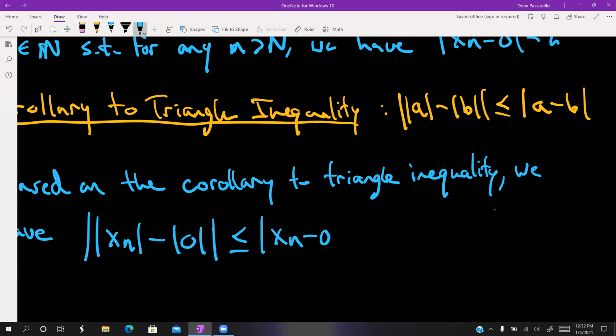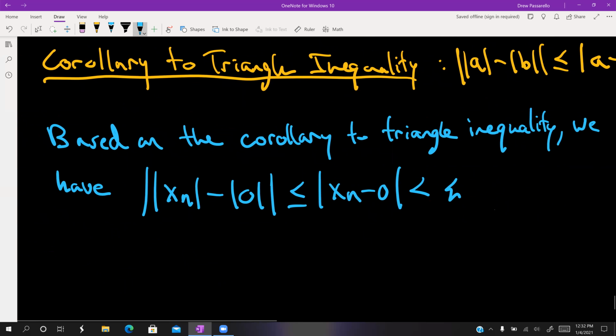And we already know that the absolute value of xn minus 0 is less than epsilon. And so we've basically shown that the sequence of the absolute value of xn converges to 0 also.